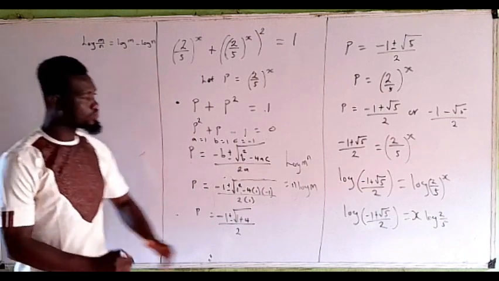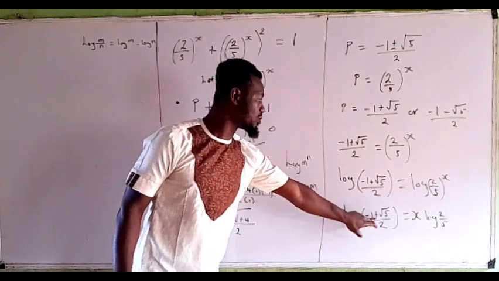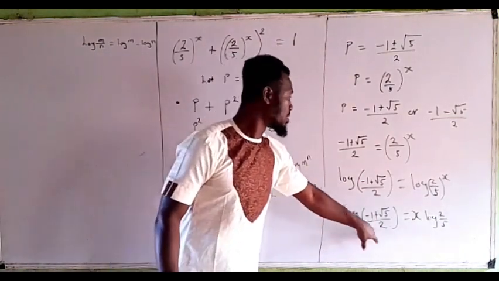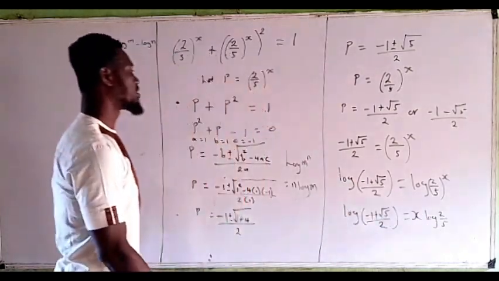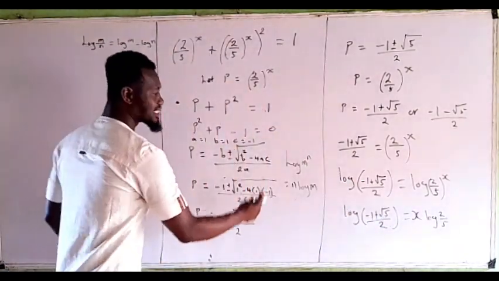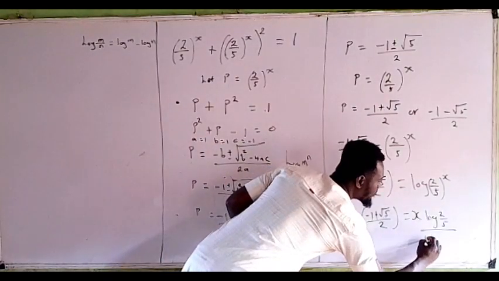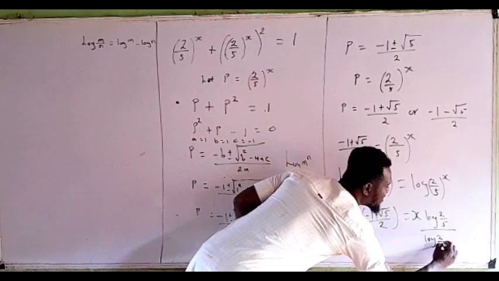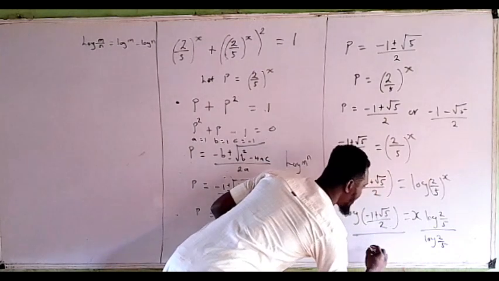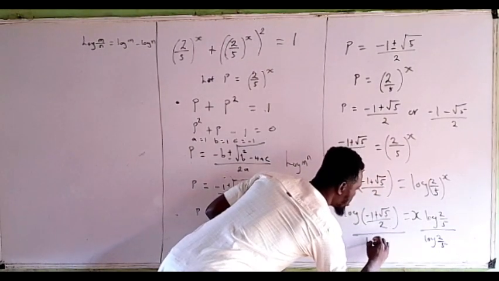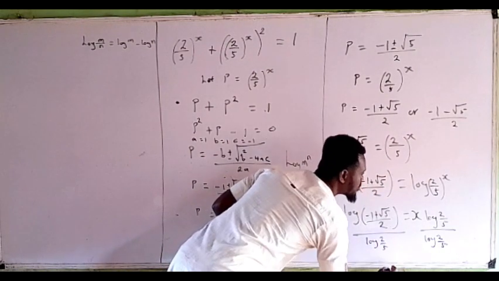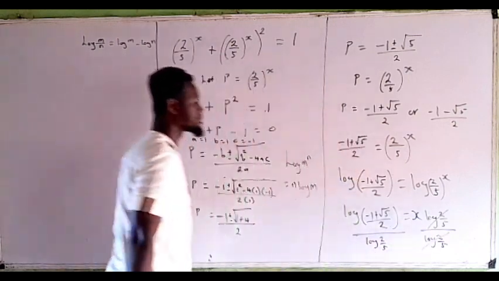So that's exactly what I'm going to have here. I'm going to also do the same thing here. But first, for me to get x, I can divide both sides by log 2 over 5, so that this cancels this, right?